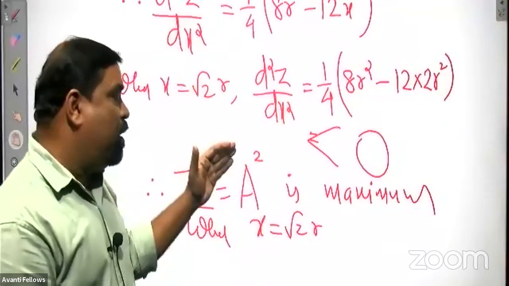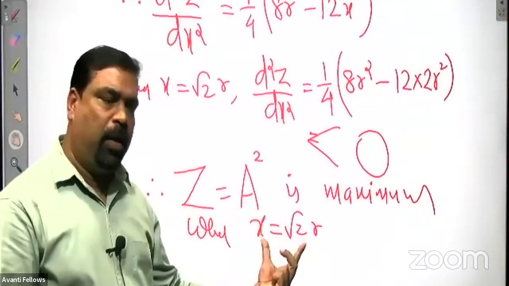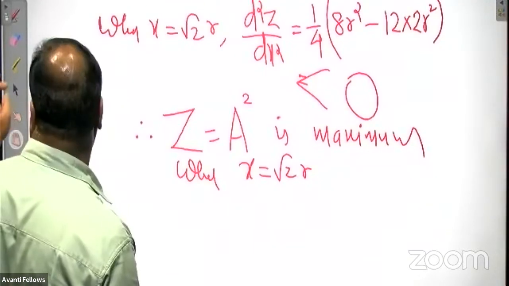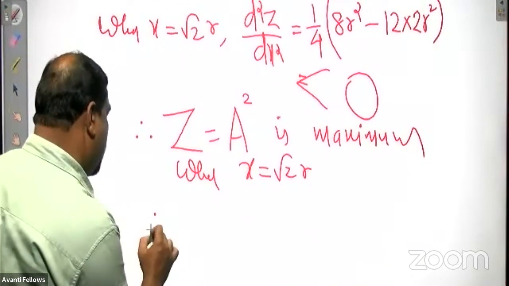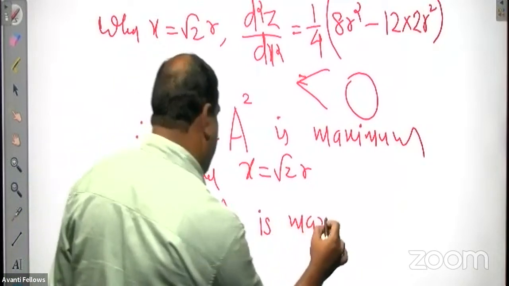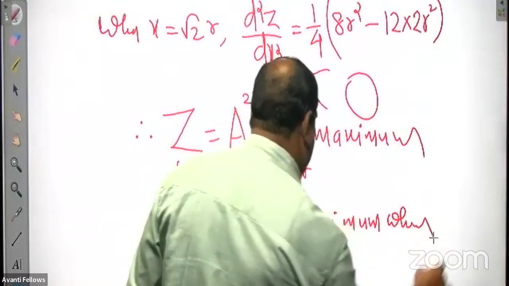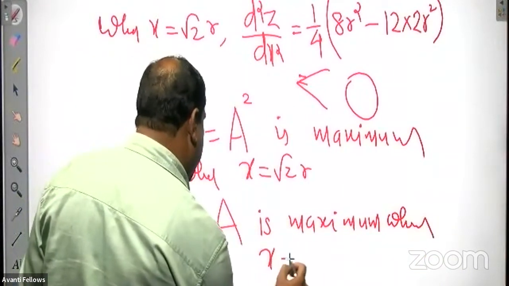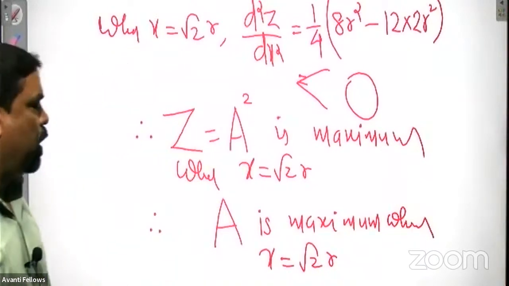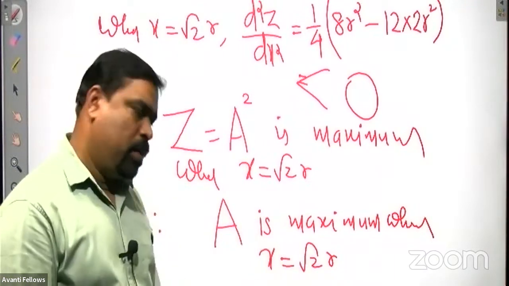So whenever S square is maximum, A is also maximum at the same point. Therefore, A is maximum when x equal to root 2r. The area is maximum when x equal to root 2r.